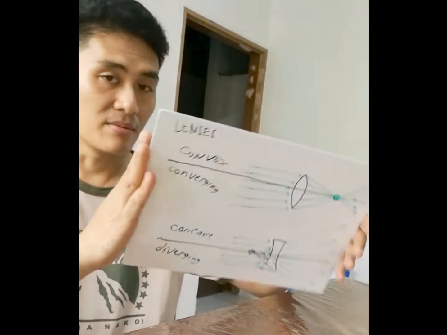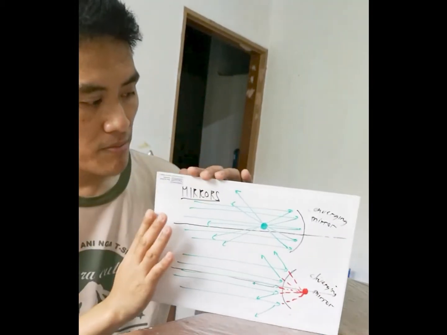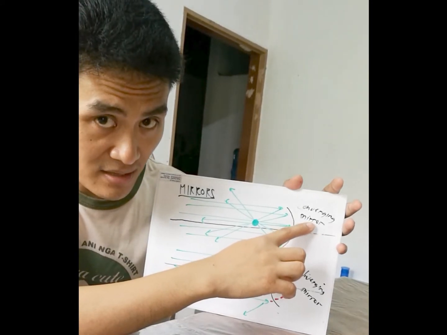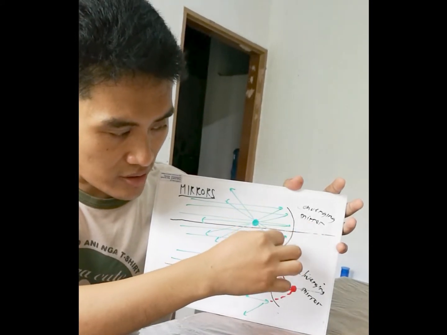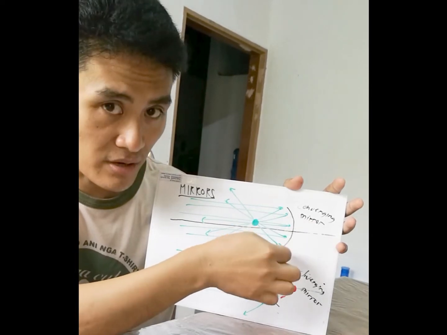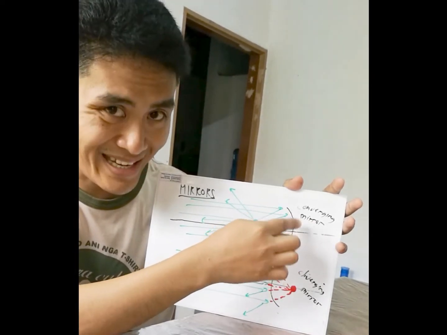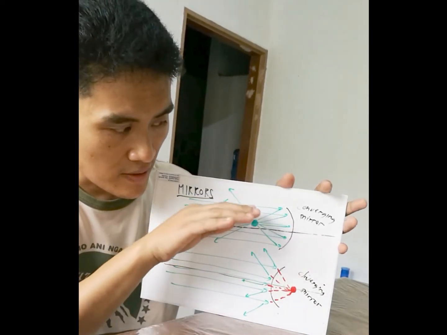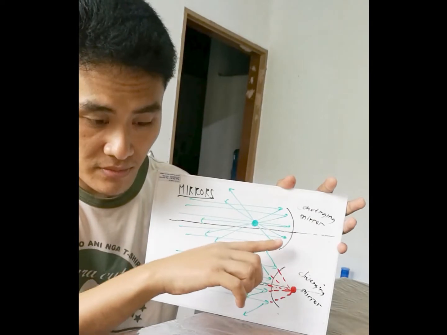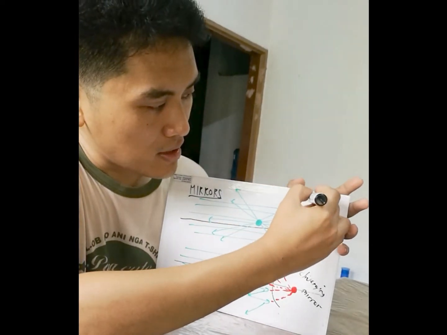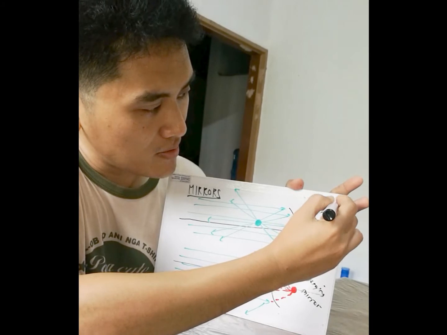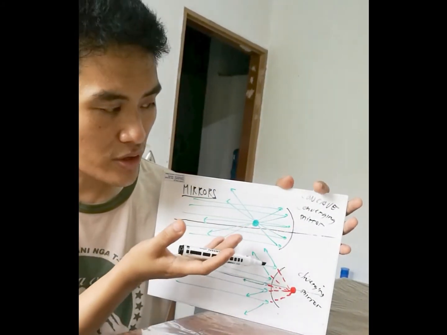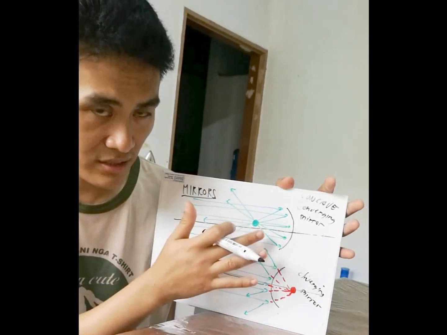But if you look at the mirrors, it's different because the converging mirror, right, is not a convex mirror, but rather a concave. See, the reflecting surface has a caved shape. So it's a concave mirror, right? So the concave mirror is the one that is going to be converging the light rays.